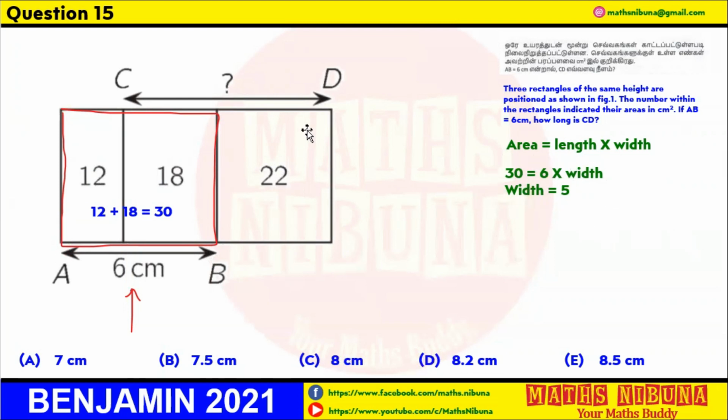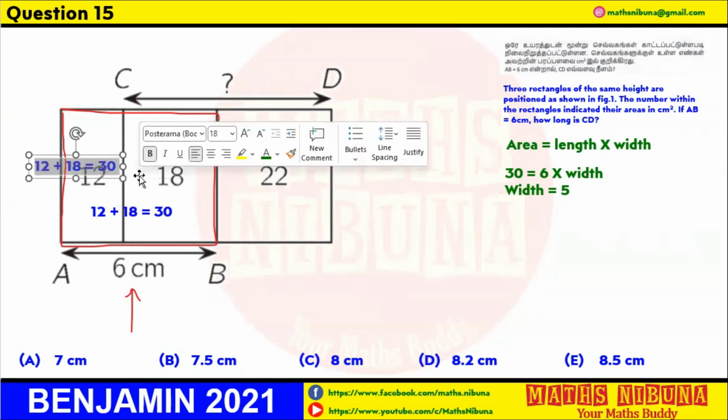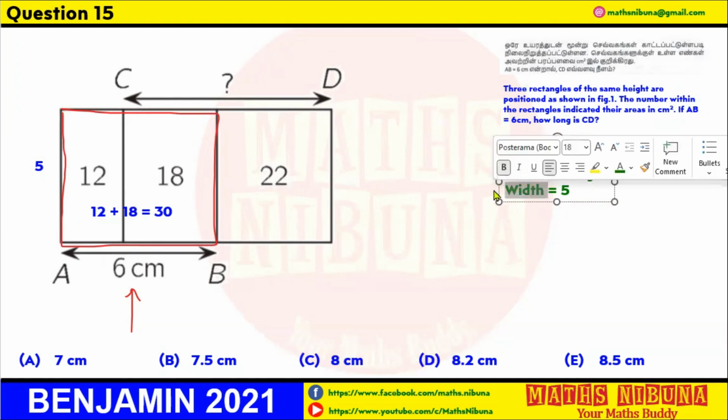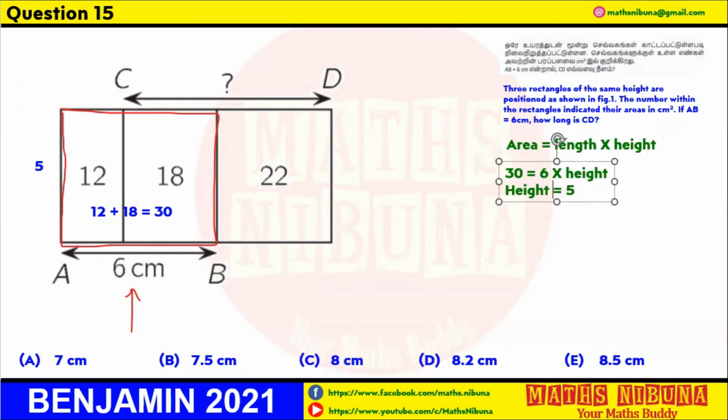That means the width of the rectangle is 5 now. They use height here, so I also use height, same thing. So the height is 5.